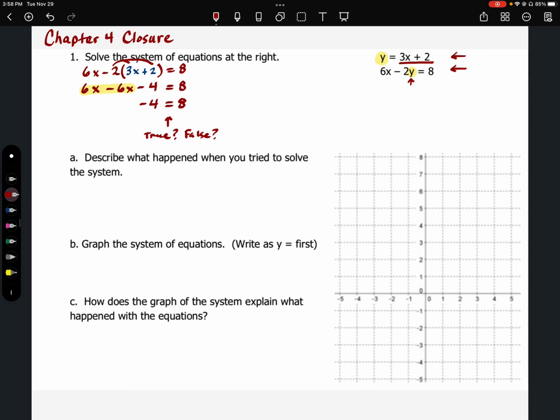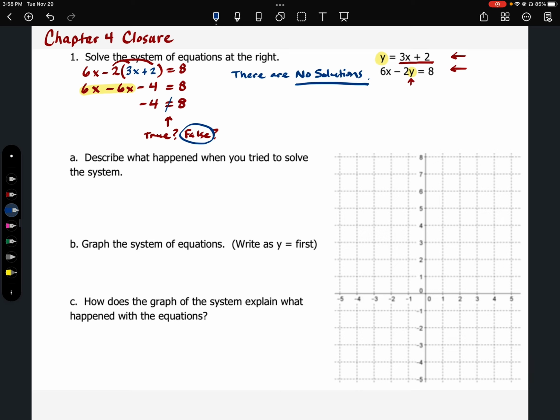In this case, since this is a false statement, negative 4 does not equal 8. So since this is false, we're going to conclude that there are no solutions. Okay, so there are no solutions to that system.